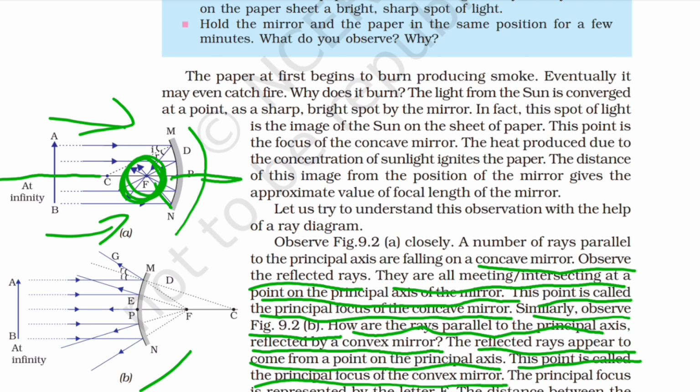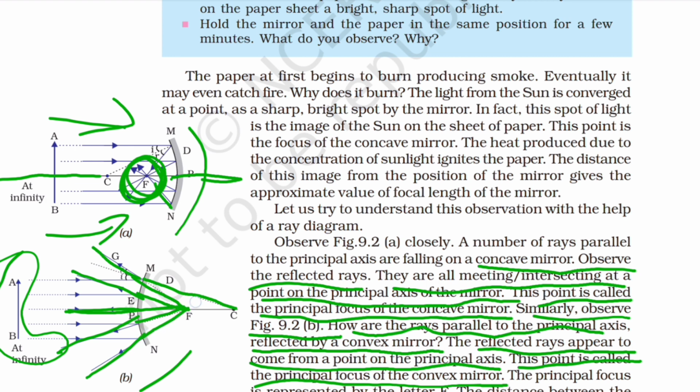In the convex mirror, this is the object. If you keep the object at infinity, all the radiations fall on the mirror and reflect back. But when we extend those lines backward, they originally come to the point F. It is called focus. The distance between P and F is called focal length.